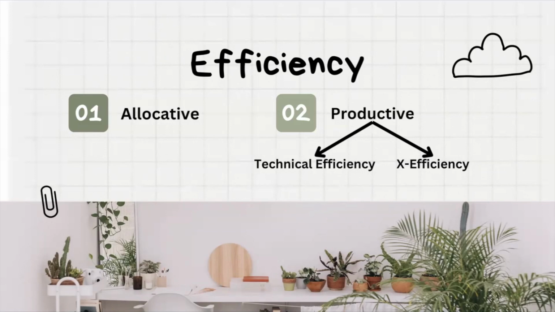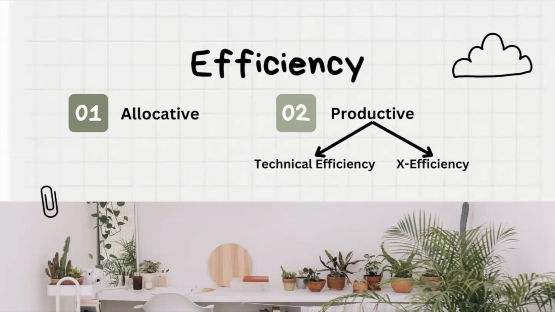For productive efficiency, it is the efficiency of producing the goods. So this involves the firm producing on the production possibility frontier. And under productive efficiency, there's two more types.